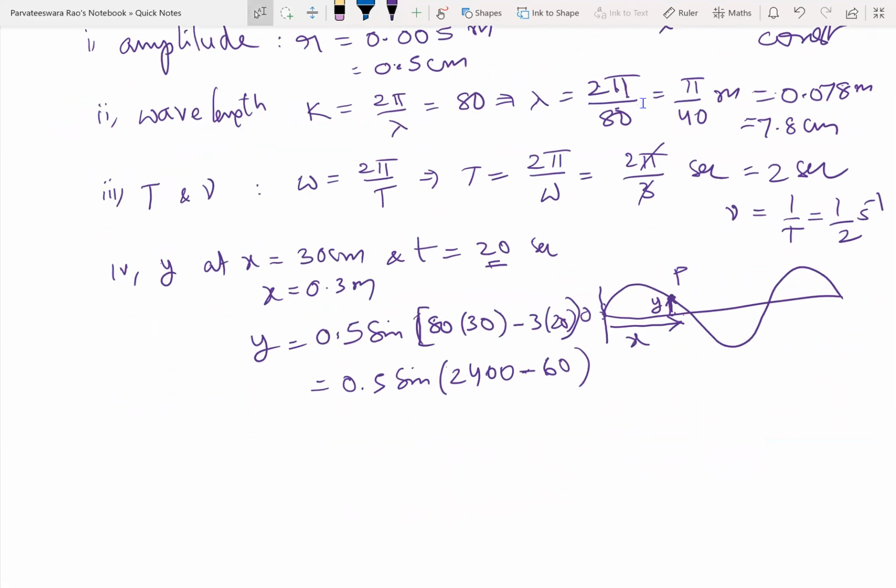Here, if you put it in meters, 0.005 sine, 80 into 0.3 means 24. 80 into 0.3, is it 24?